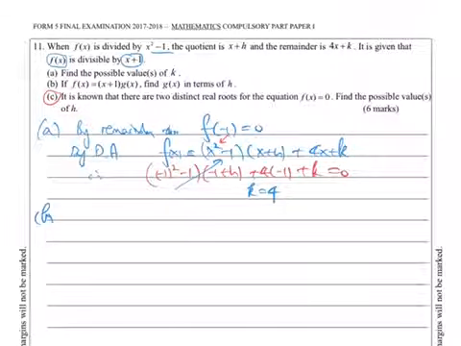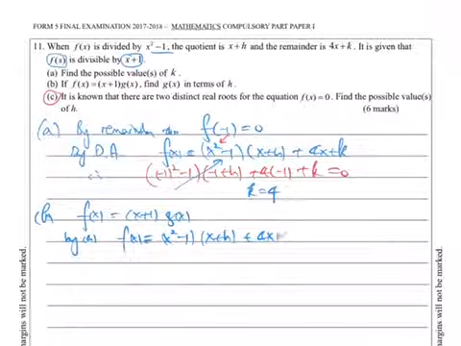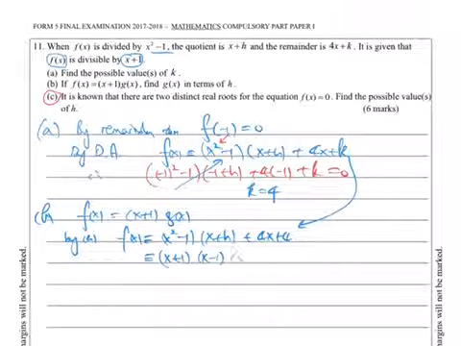This is part A. Now part B, we have f(x) equal to x plus 1 times g(x). So if you want to find the g(x) in terms of h, first, by A, f(x) is x squared minus 1 times x plus h plus 4x plus 4, because the k you know already. So you factorize this one: x plus 1, x minus 1, x plus h plus 4, x plus 1.